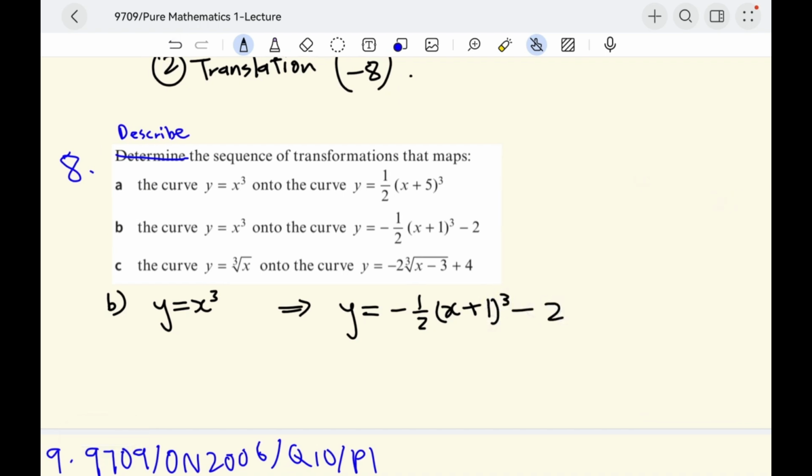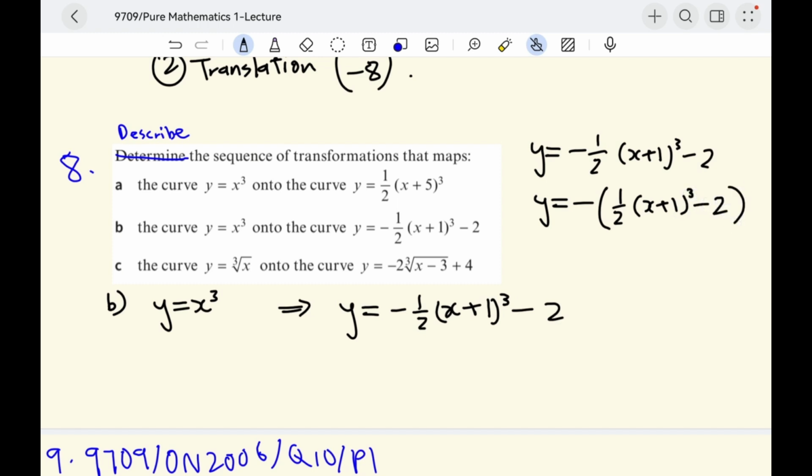So how to describe this transformation? First, you can factorize the negative out. Next, you can factorize the half. So you will have, sorry, here is a positive, plus 4.